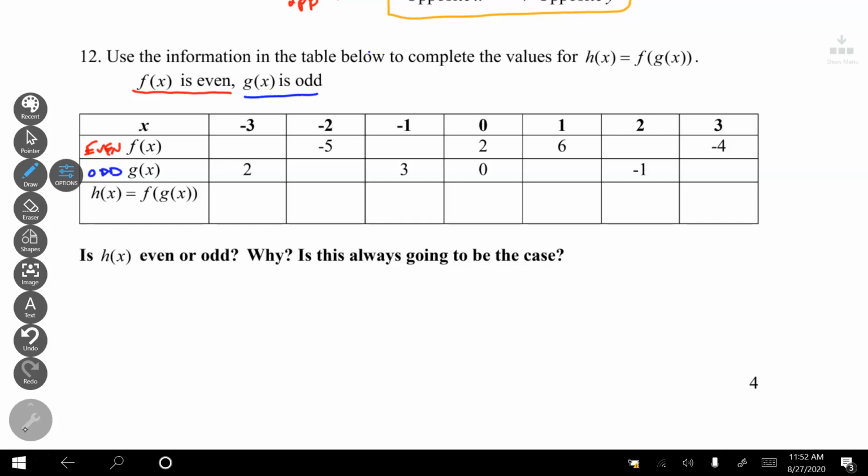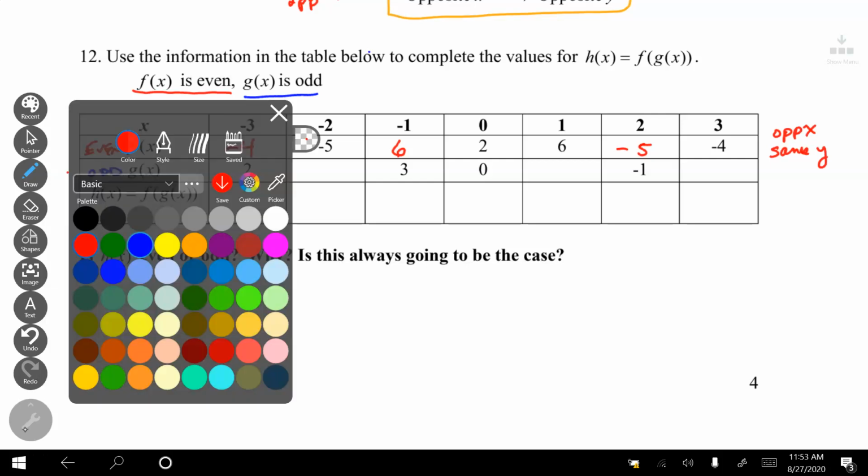So f is even and g is odd. So even means opposite x gives me the same y value. So right here, this x is 1, this y is 6. So when this is negative 1, this still has to be positive 6 because they have to be the same. Negative 2 for x, negative 5 for y, positive 2 for x, still negative 5 for y, and then this would be negative 4.